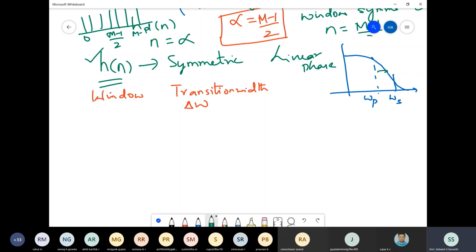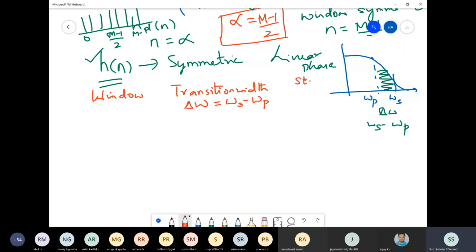This portion is the transition width, delta omega. So what is that? Omega s minus omega p. Delta omega, the transition width, is nothing but omega s minus omega p. So that will be different for different windows.